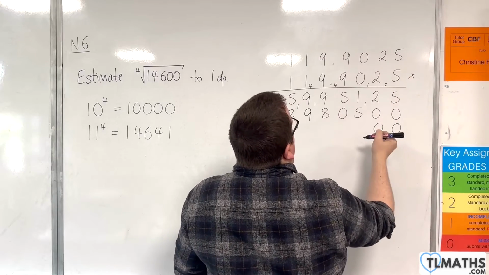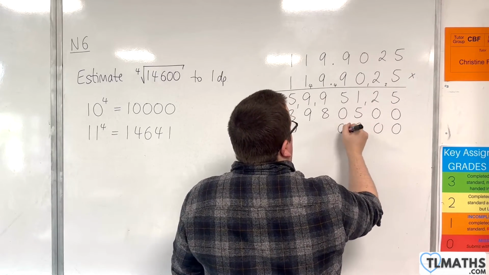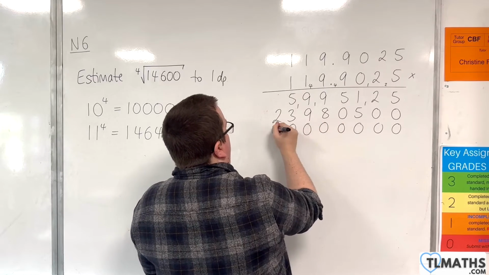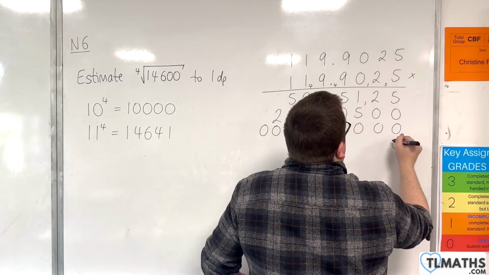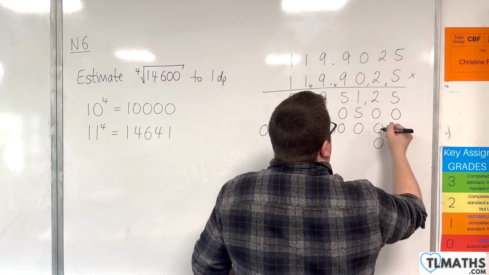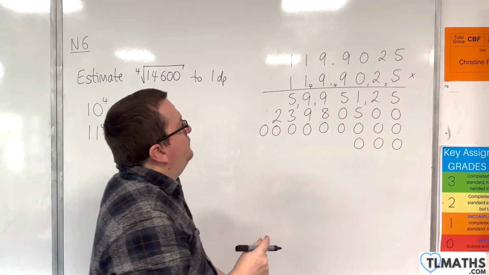So we're now multiplying that through by 0. So that's 7 zeros. 1, 2, 3, 4, 5, 6, 7. Bring in 1, 2, 3 zeros this time.